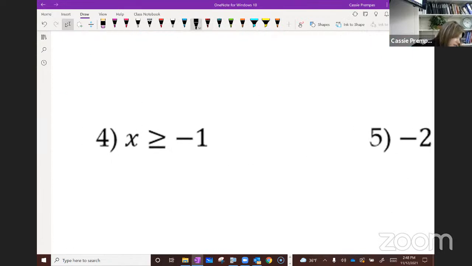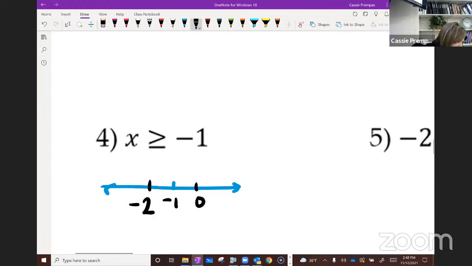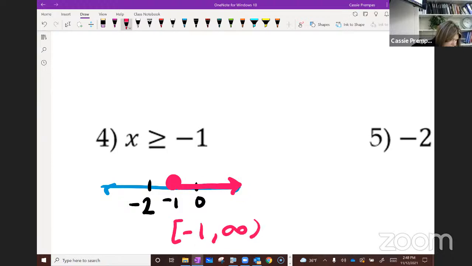We would have a number line. We would have -1, and I would have a number to the right of it like 0, and to the left of it like -2. Then I would have a closed circle at -1 and shade to the right. This would represent a bracket around -1 going up to infinity.